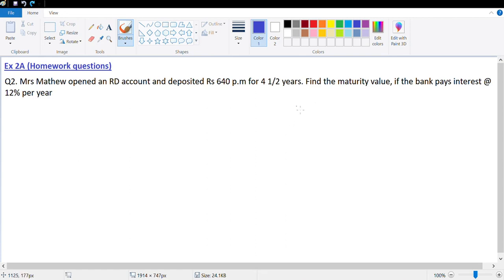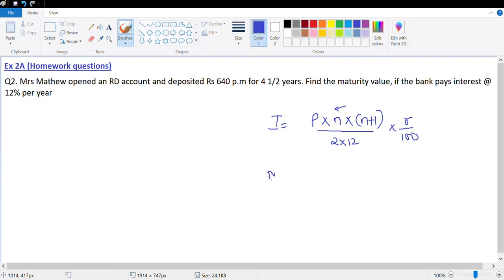When we talk about a recurring deposit, the interest that you earn is equal to your monthly payout multiplied by the number of months, multiplied by n plus 1 upon 2 into 12, multiplied by r upon 100, where n is the time in number of months and r is the rate of interest.